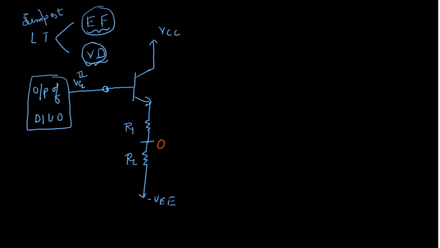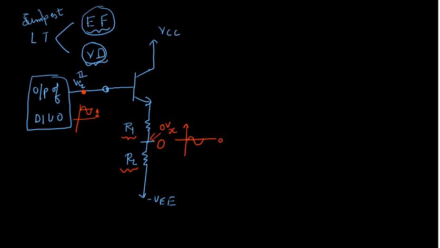So whatever VC2 comes here, the DC component will become 0 and the AC part will just pass. So if our VC2 is like this, this DC level will come down to 0, and the AC component will pass as it is. So this is the purpose of using a level translator. So how should we choose the values of R1 and R2 so that we get 0 volt DC here?